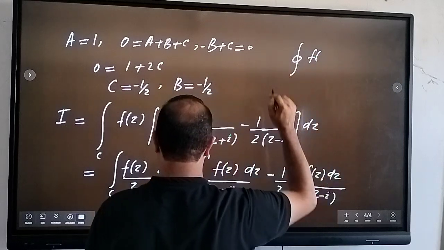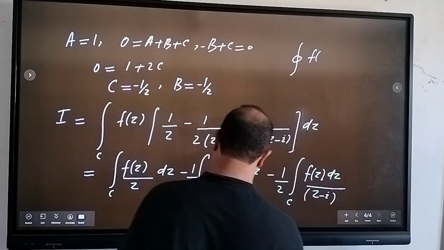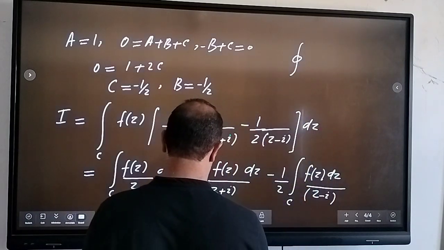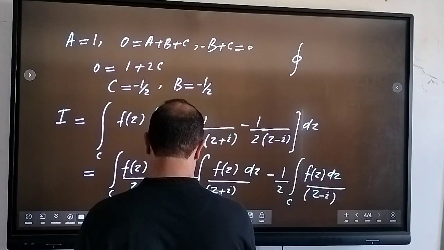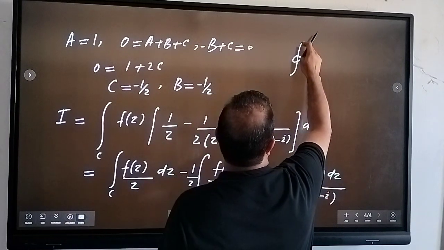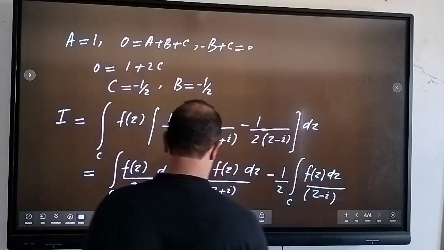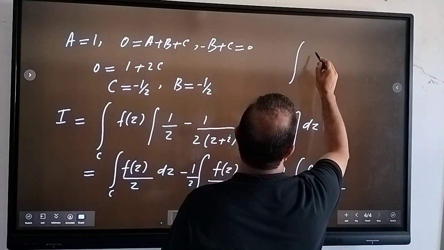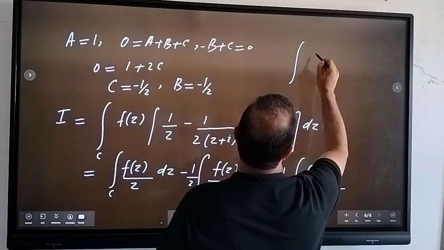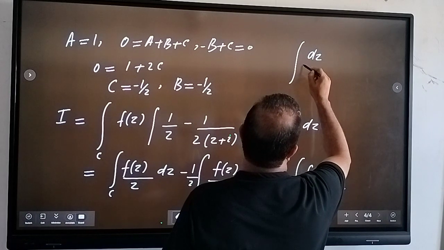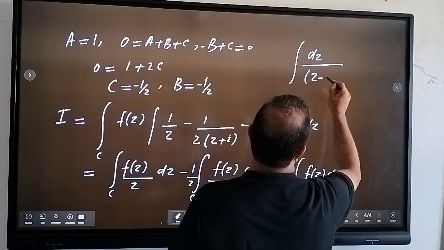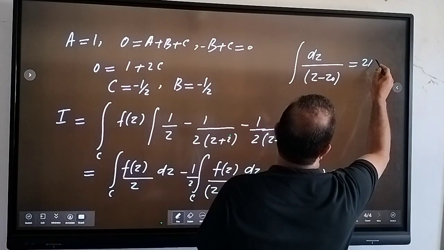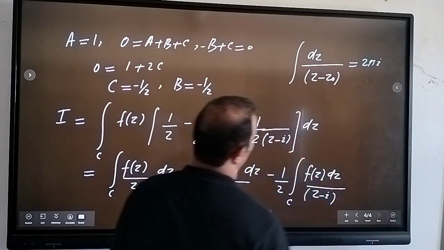So we can write that. If you have the integral of this form, that is dz upon z minus z0, that will be equal to 2 pi i, right?